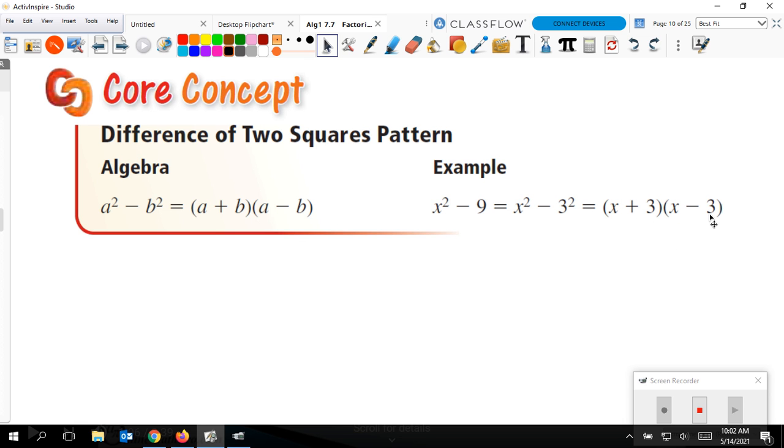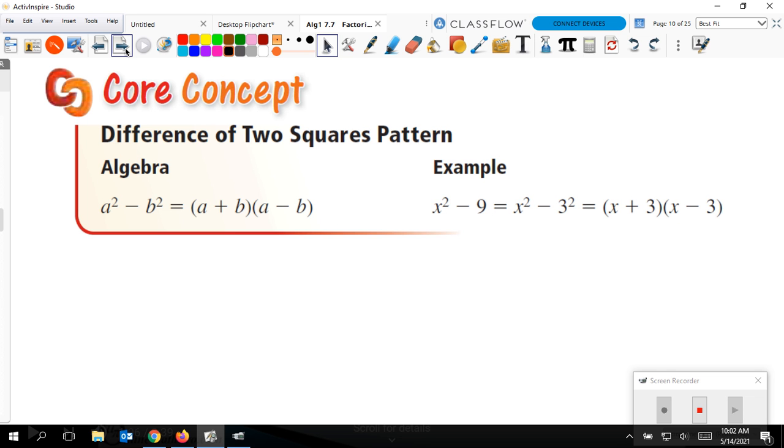So 3 squared is that 9. And then one sign is plus, one is minus, because we have to get a negative. If we were to FOIL this, we would cancel out the outside and the inside terms. We have negative 3x on the outside, positive 3x on the inside. That would cancel out the middle term, leaving us with just x squared minus 9.